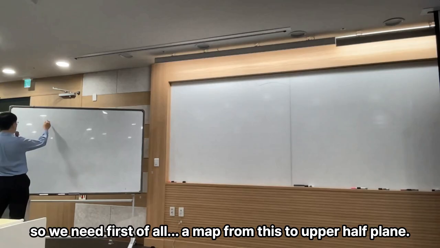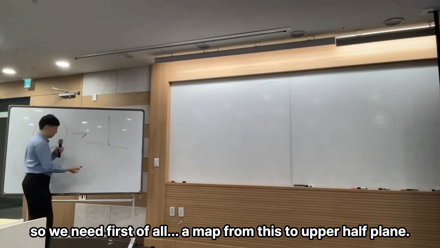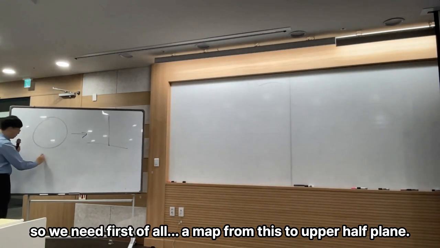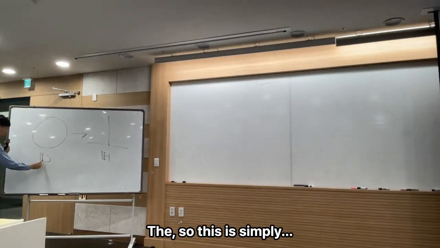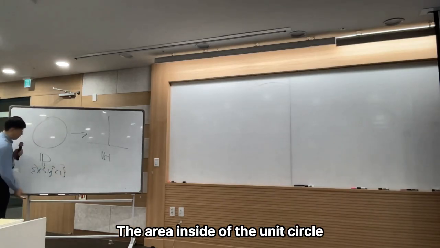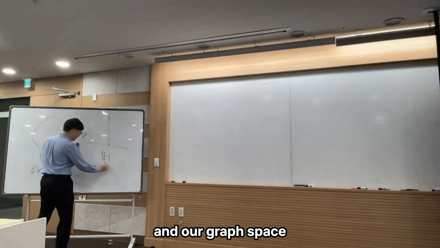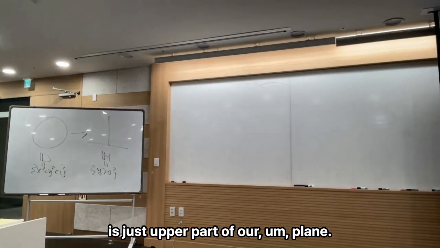Alright, so we need, first of all, a map from the disk to the upper half plane. So this is simply the area inside of the unit circle, and the upper half space is just the upper part of our plane.